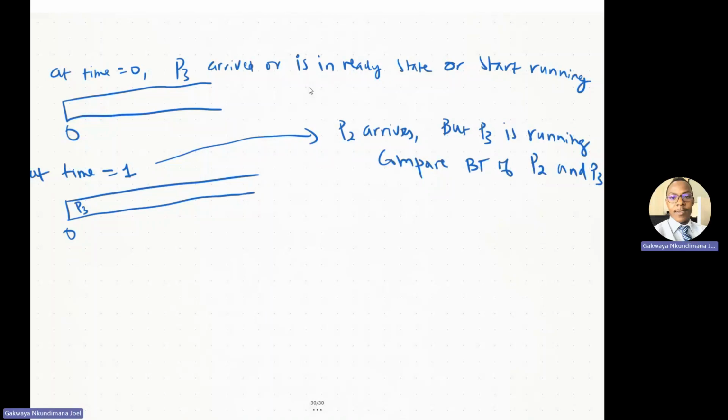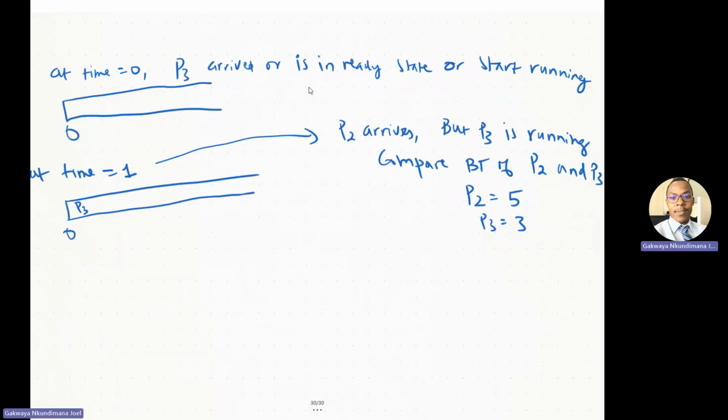Once you compare the burst times, you will decide which one to execute. So when we compare, we take P2. What is the burst time for P2? It's 5, right? Yes, P2's burst time is 5. And P3 is 3, right? P3 is 3. So, is it correct?